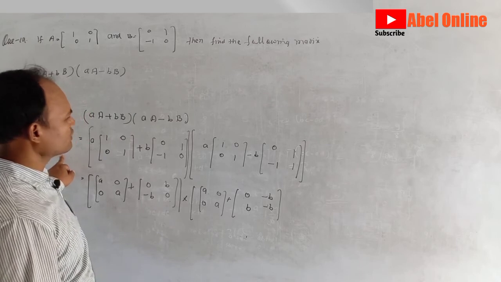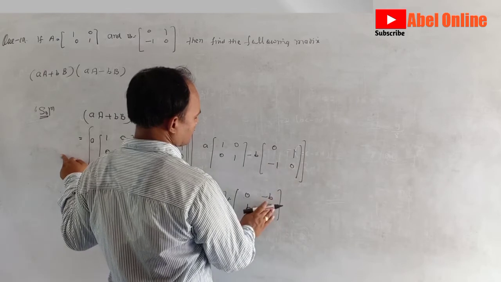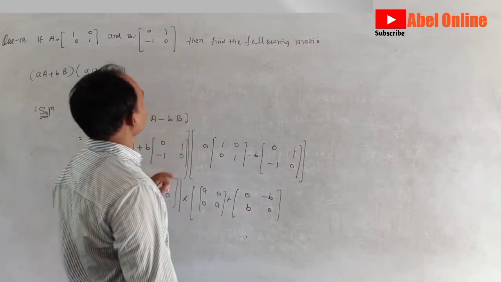What is the value of B? B is 0 1 minus 1 0.